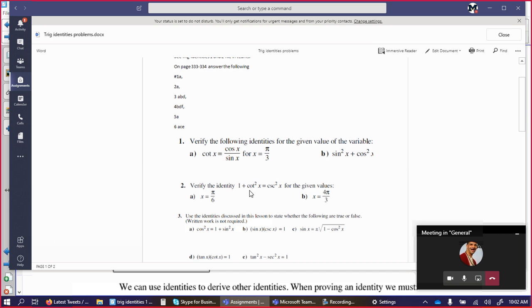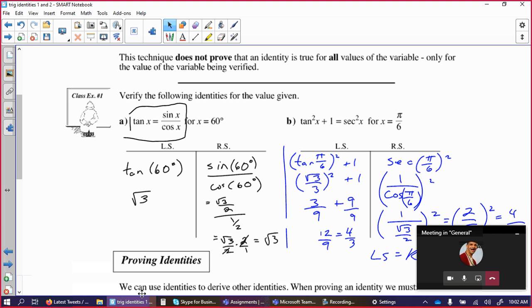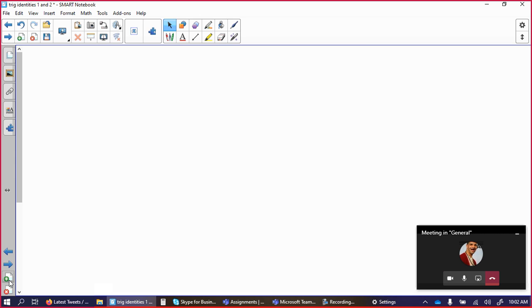So they're a little bit tricky because we've got cotans and whatnot, but we just have to remember that... I'm going to go back here for a second and just go to a new page. So that had cotan of some angle.